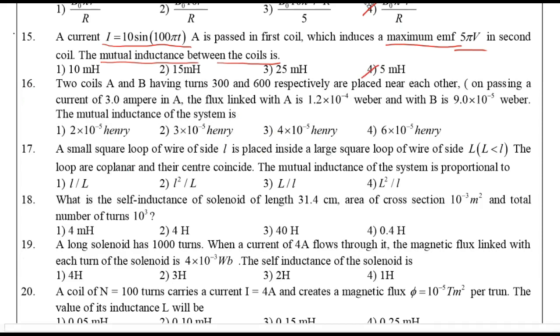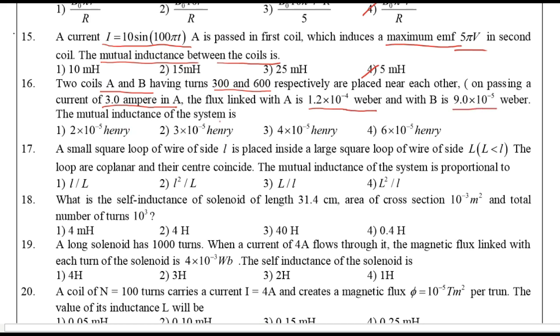Two coils A and B having turns 300 and 600 respectively are placed near each other. On passing a current of 3 ampere in A, the flux linked with A is 12 into 10 power minus 4 Weber, and with B is 9 into 10 power minus 5 Weber.